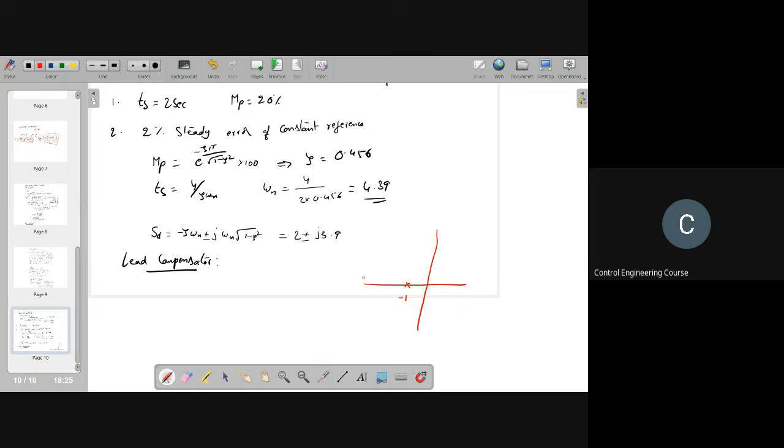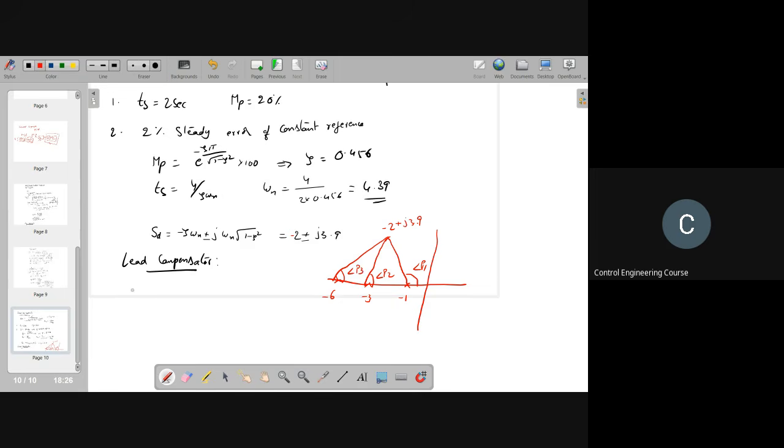We have poles at -1, -3 and -6, and the desired pole SD is at -2 plus j 3.9. So this is angle P1, this is angle P2, and this is angle P3. So you can calculate all these things.